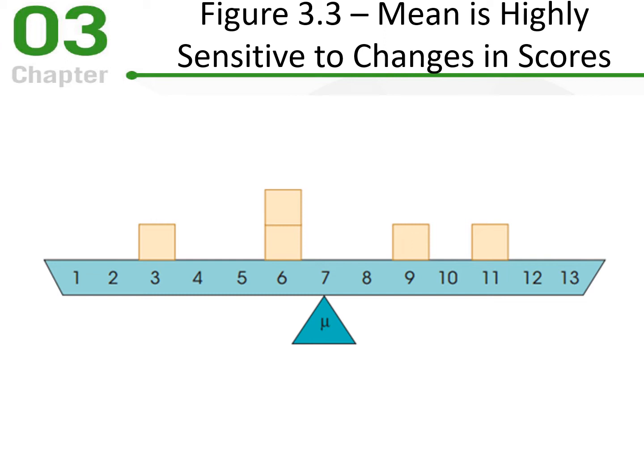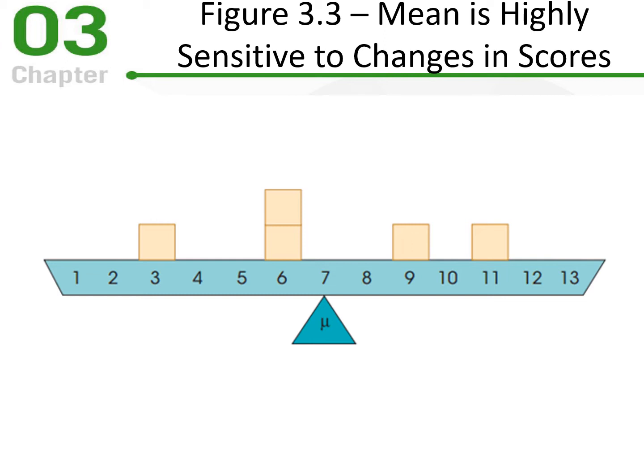Or if I subtract 7, the mean would be the same, right? However, let's say that I'm adding 1. 1 could be considered an extreme score here. So let's say I add one person, they scored a 1. So now I have 35 plus the 1 gives me 36 as my sum of x. And now I have 6 scores instead of 5 because I added one score, which is a 1.